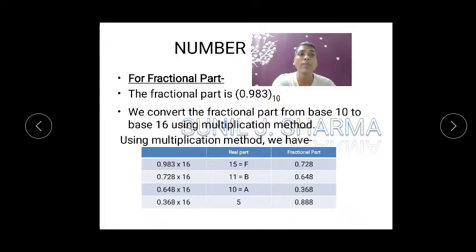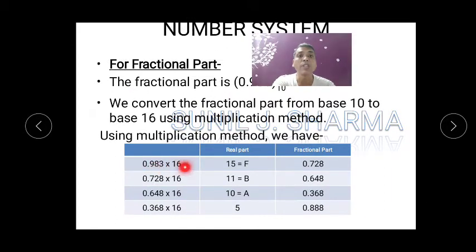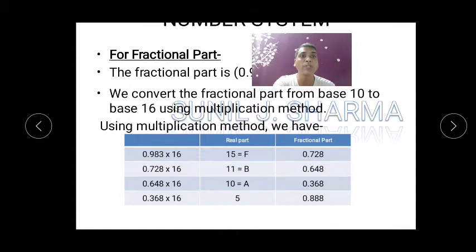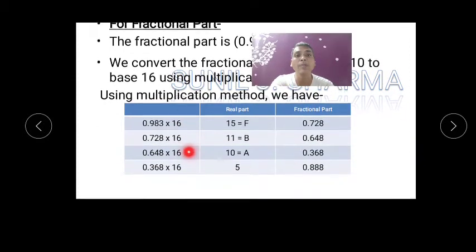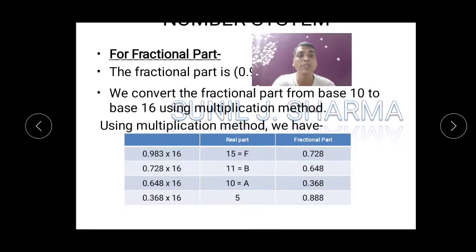So you multiply by 16 and you get 15.728. Since we write the part before the decimal point, we take it here. So F, this is your F. Then whatever the remaining number is, we have to again multiply by 16, as we used to do in the previous cases.